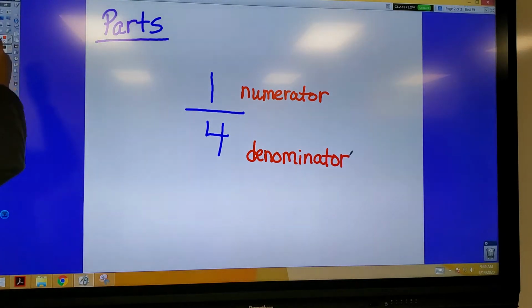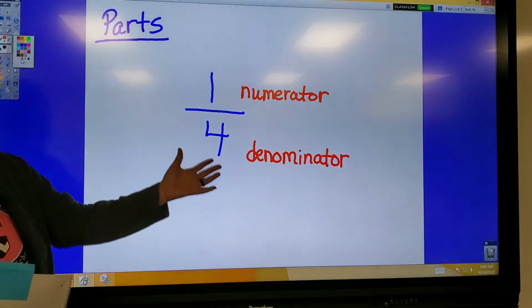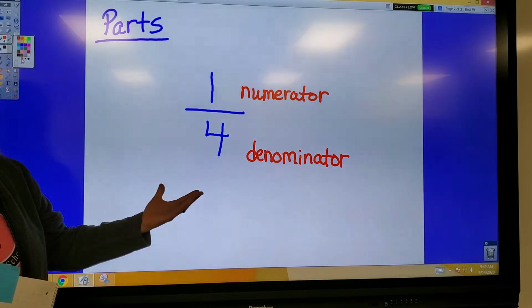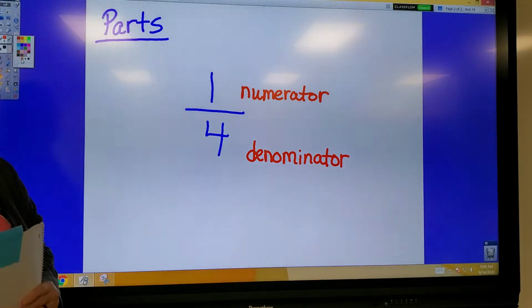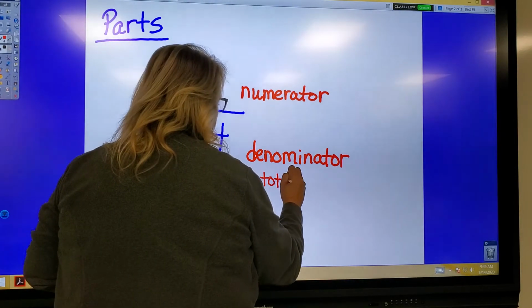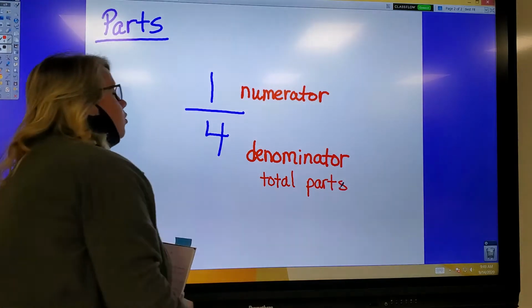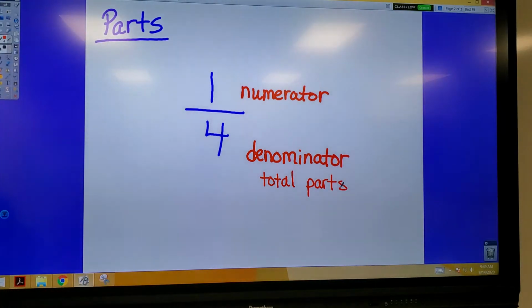Now, what does the denominator mean? What does the denominator mean? For total parts, right? For total parts, and the 1, the numerator would represent, what's the numerator tell you? Aiden?